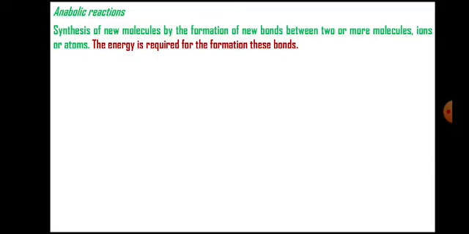Now, anabolic reactions. Anabolic reactions involve synthesis of new molecules by the formation of new bonds between two or more molecules, ions or atoms. The energy is required for the formation of these bonds.